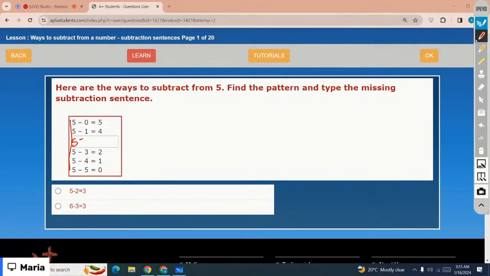So every next number is one more than the previous one. So here you have 0, 1, 3. Between 1 and 3 you have 2, so that would be 5 minus 2, and 5 minus 2 is 3. That means the missing one is 5 minus 2 equals 3. Got it? The missing number is 5 minus 2 equals 3.